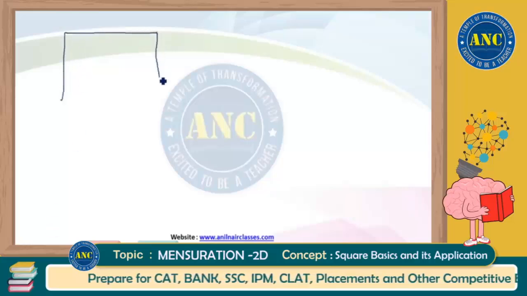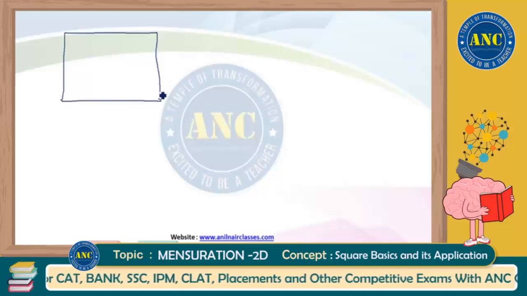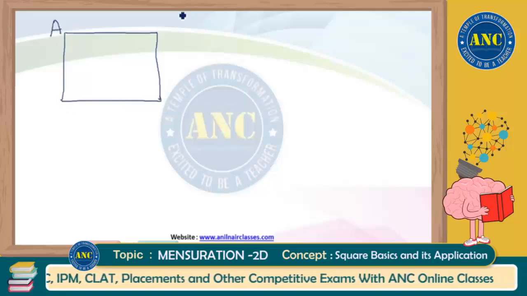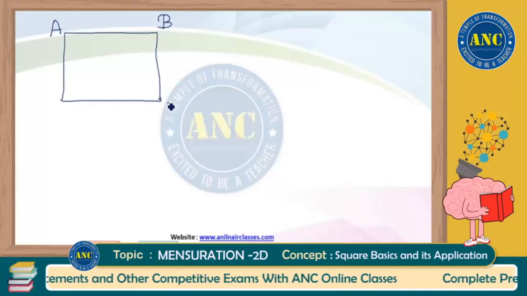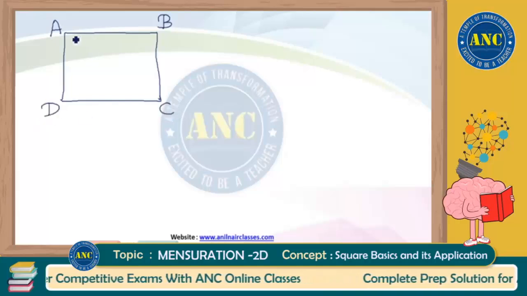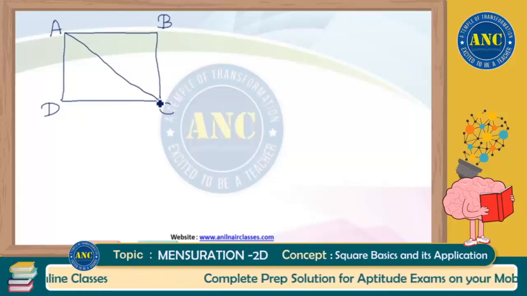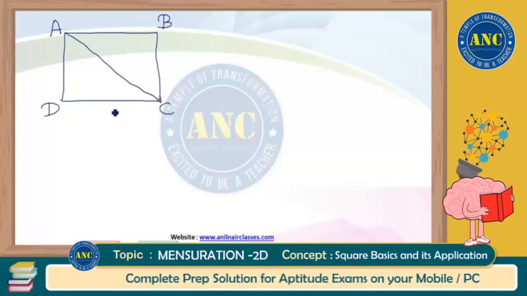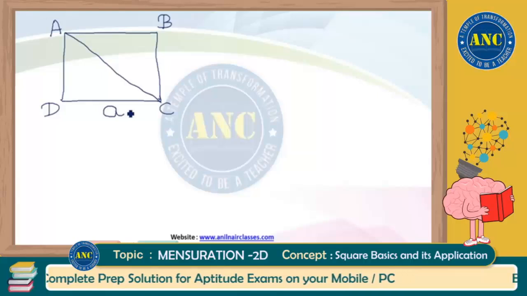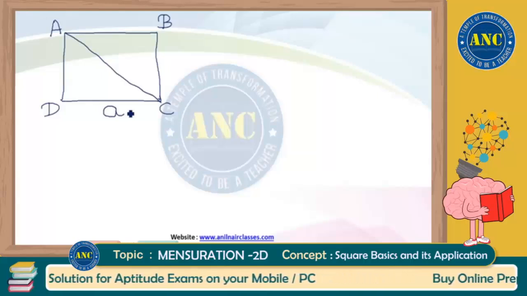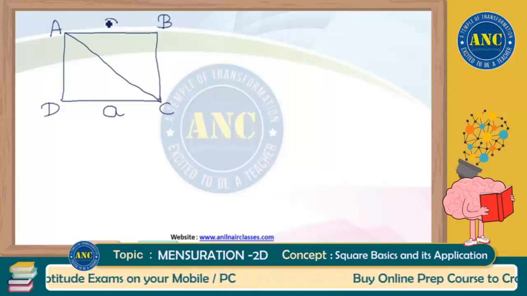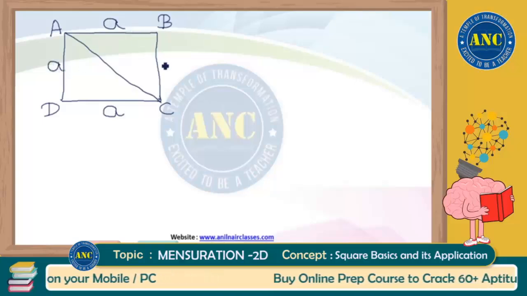Now, suppose for example, this is my square. Let me name this square ABCD. The heading says that I am interested in the diagonal, so I should draw the diagonal for better understanding. Now, I don't know the side of the square. Let me, for our understanding, call it some variable A. All the sides are A centimeters or A units in general.